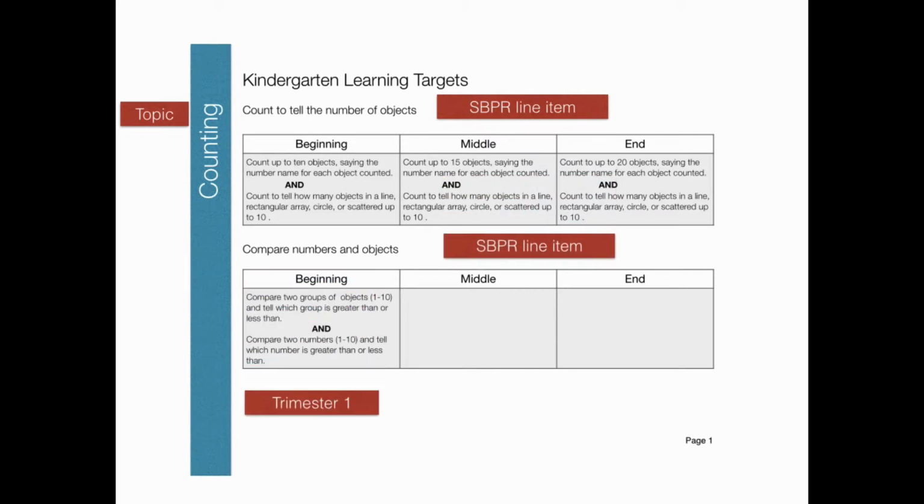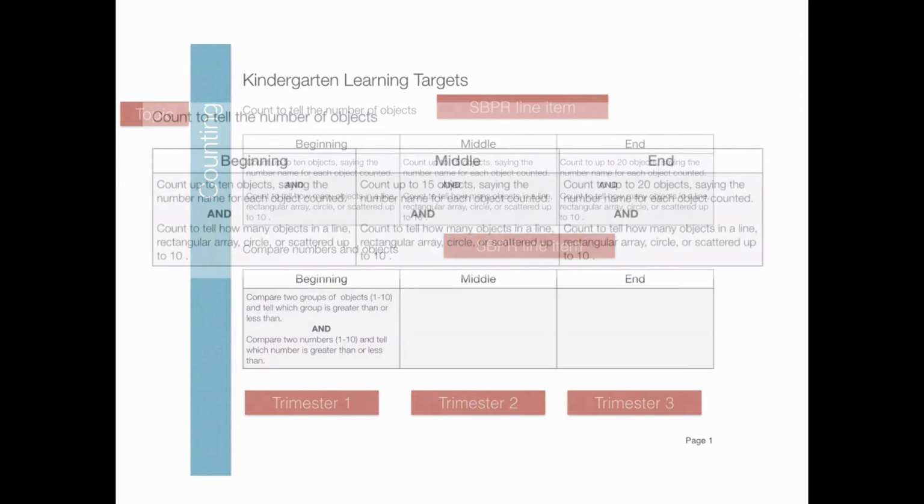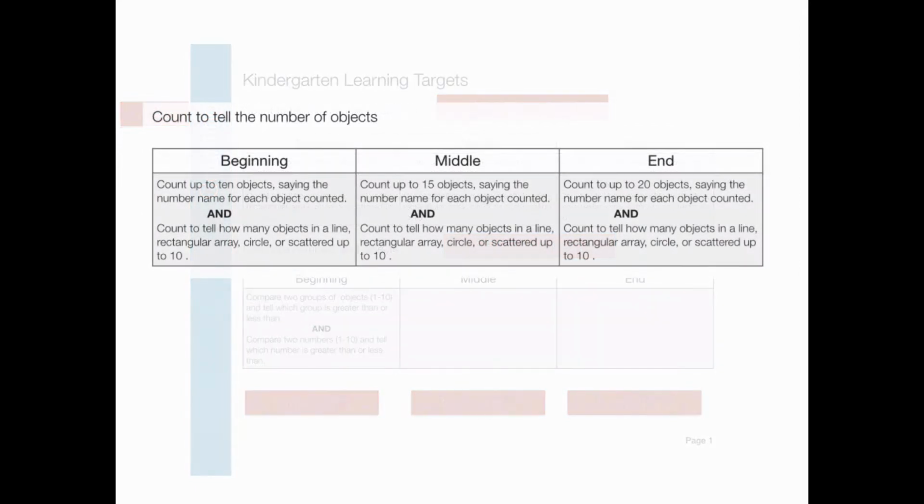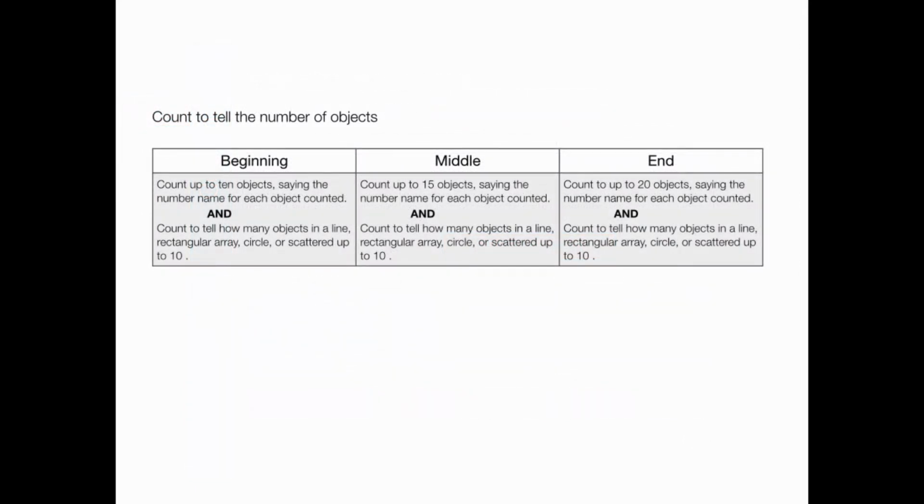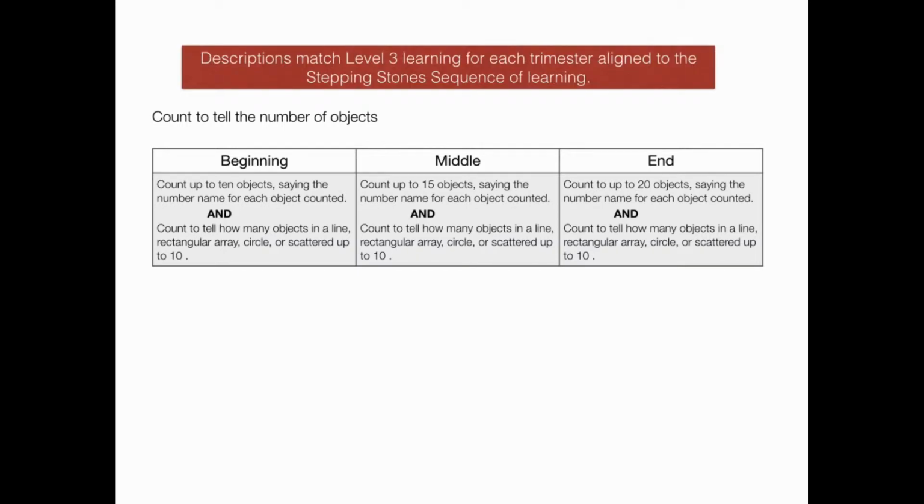For each of the trimesters, it describes what that would look like at the beginning, middle, and end. Just as a notation, the descriptions on the learning targets match the level 3 learning for each trimester, and they are aligned to the Stepping Stones sequence of learning.